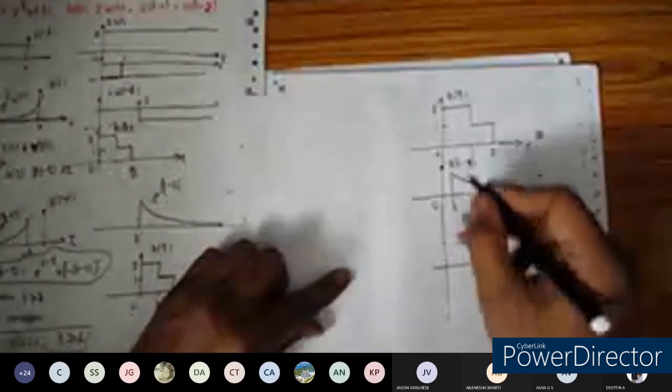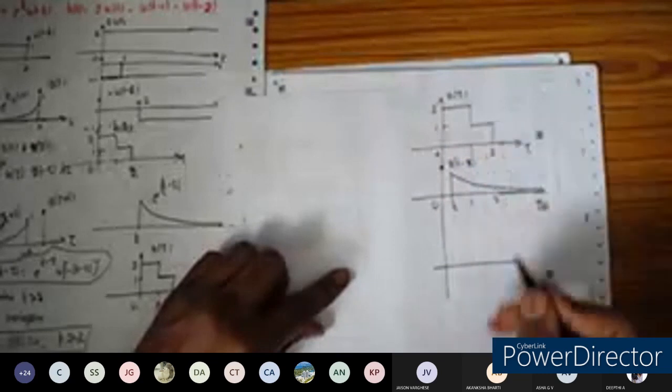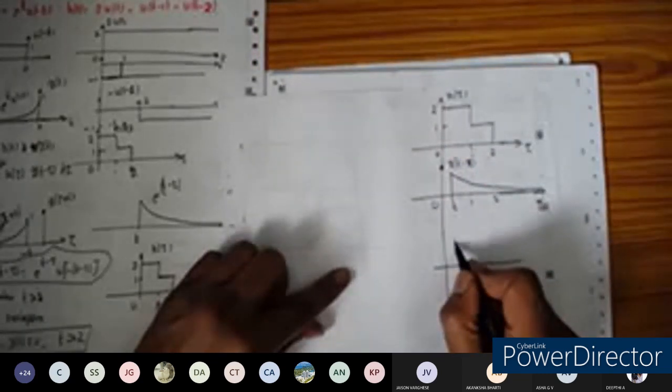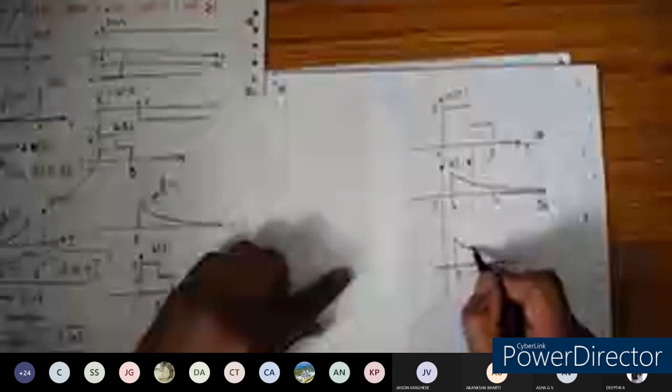So now let us take the product here. The product results in two different steps, because this is having the amplitude 2 and this is having the amplitude 1. So the waveform will be something like this we'll get. Up to this is 1, this is t, and this is 2.